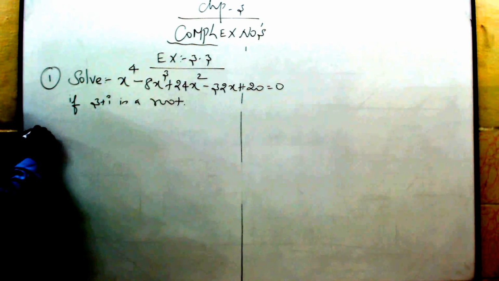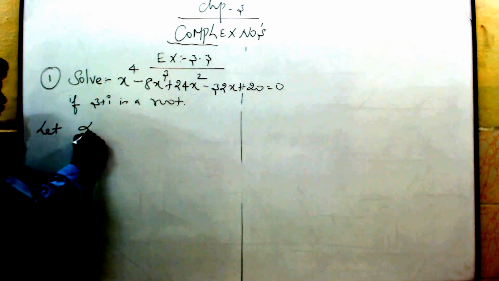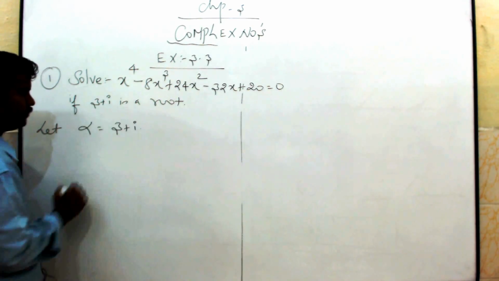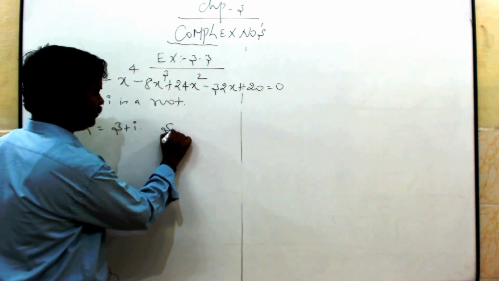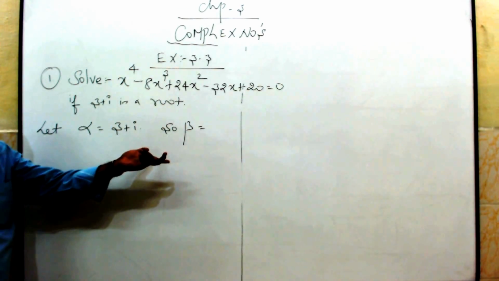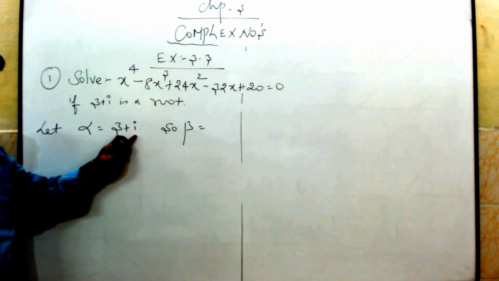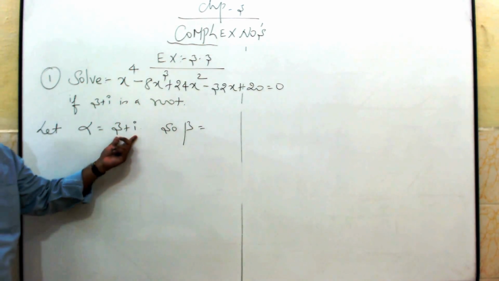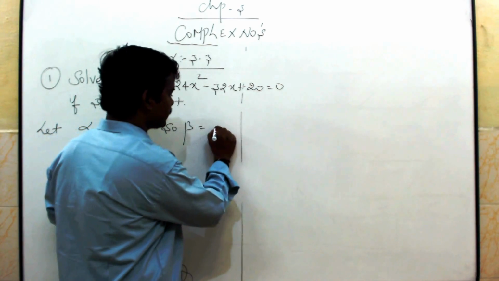Okay? So let us assume that alpha is 3 plus i. Next, what will be beta? What will be the other root? Other root நம்ம பீட்டான்னு கன்சிடர் பண்ணிக்கிறோம். One root is 3 plus i. இப்போ நான் சொன்னா உங்களுக்கு complex roots will always occur in conjugate pair. So one is 3 plus i.